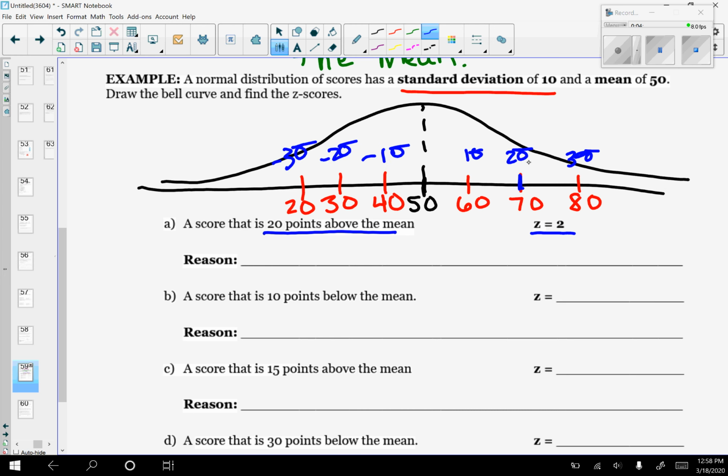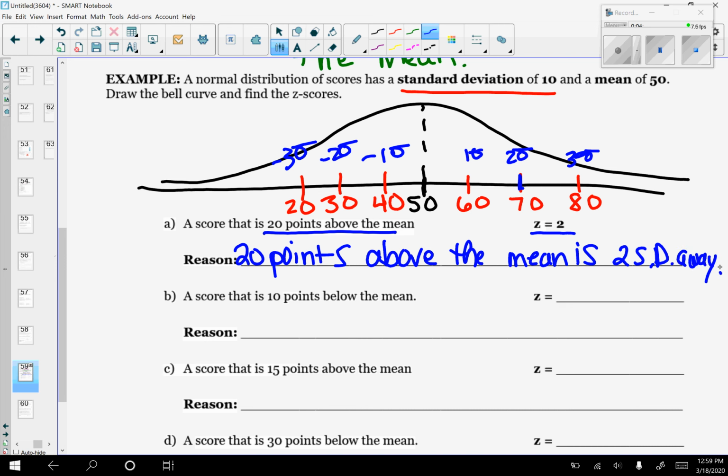So I'm at my second standard deviation here. That's a z-score of 2, okay? Reason is that 20 points above the mean is 2 standard deviations away.